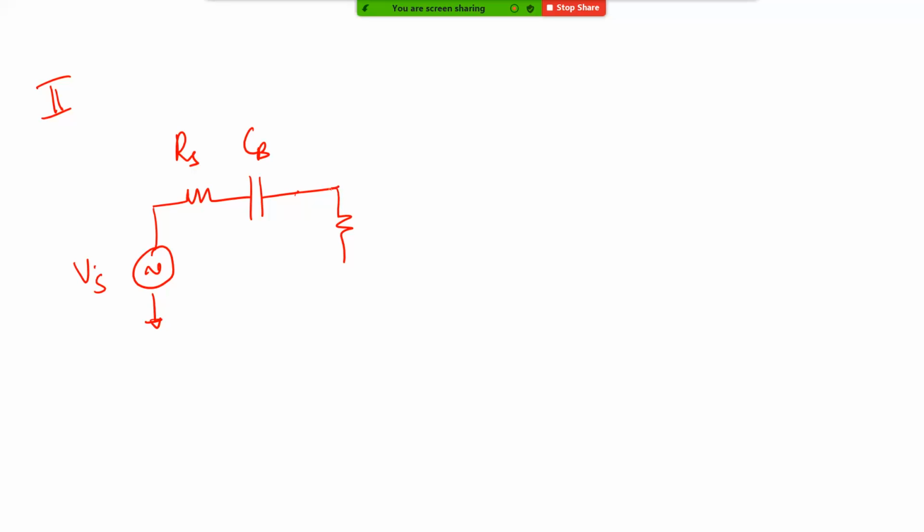Another way to do it: let's say this is your input source, let me call it Vs here. This source has an Rs here, so you have to put a DC blocking capacitor. And suppose you don't want to have bipolar supplies, that is you only have a VCC and no VEE, and this node is grounded.